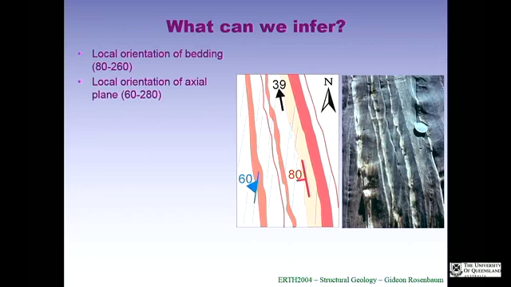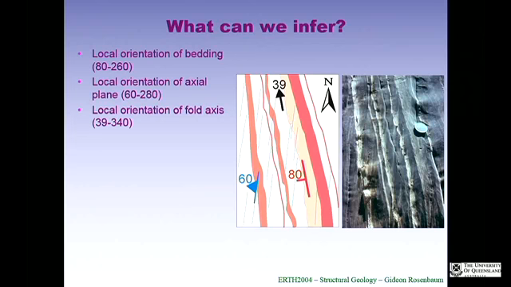Okay, so similarly, the local orientation of the axial plane, so we have an axial plane cleavage, would be 60 to 280. Yeah, so moderately dipping to the west as well. And the local orientation of fold axis is the intersection lineation. So here we already need to know that the intersection lineation basically tells us something about the local orientation of a fold axis.